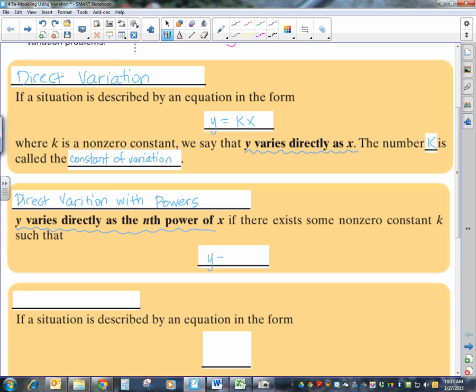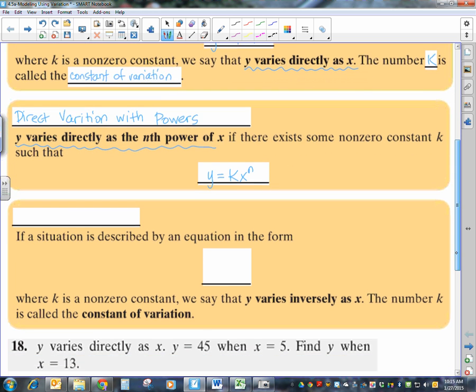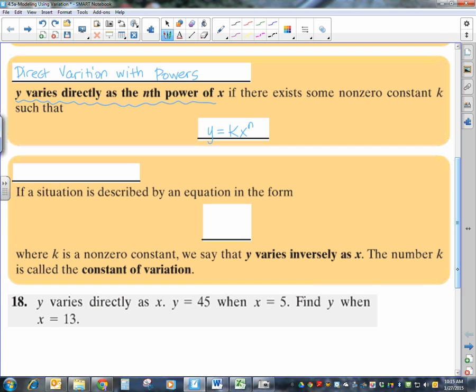So what changes is y equals k times x to a power. And they said nth power, so it would be n. You would see squared would be a power of 2, cubed would be a power of 3, and other than that, they'll use the number. But just make sure you know that squared equals 2 and cubed equals 3.